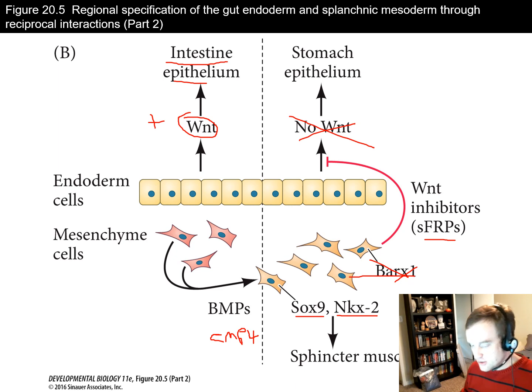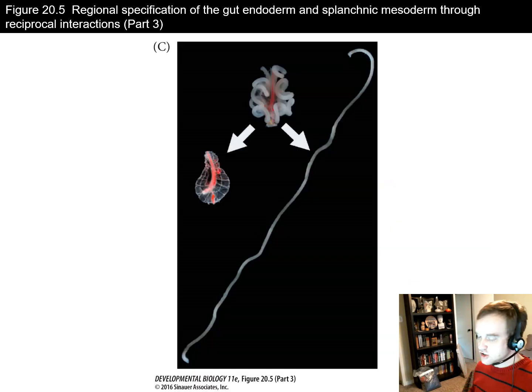And these are transcription factors that lead to the expression of other genes that develop the sphincter muscles. So the mesoderm tissue surrounding the endoderm continues to play a role throughout development. And so they interact through this dorsal mesentery. This connection between the mesoderm and the endoderm is a fibrous membrane that connects the two.